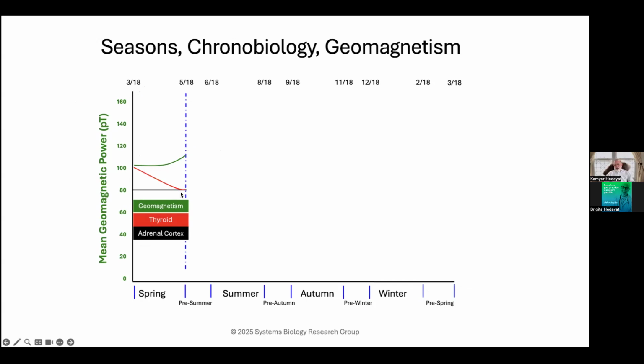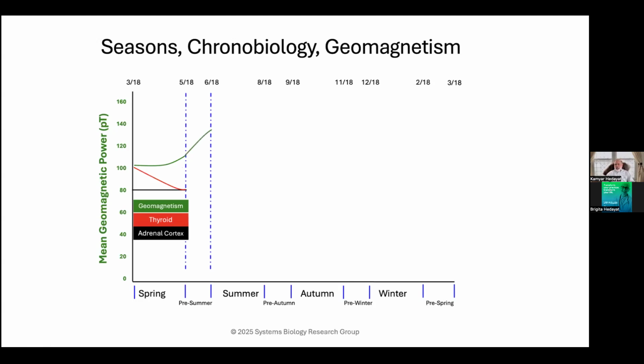So what I want to show you is a particular pattern which exists except in pre-spring, which is that thyroid and geomagnetic activity tend to be inverse to each other. Because the more that we're nourished with the geomagnetic output from the earth, the less we need thyroid activity on average, because we're receiving this external energy to help power our systems. So what happens in the adaptation to summer?